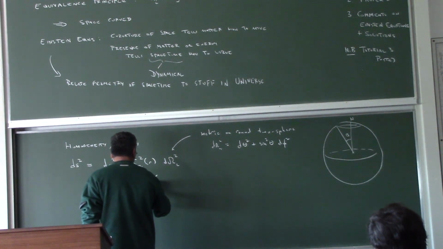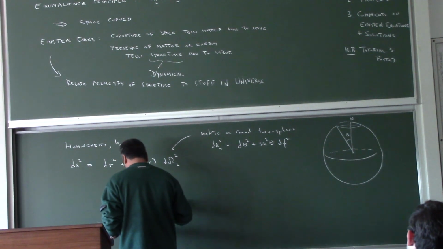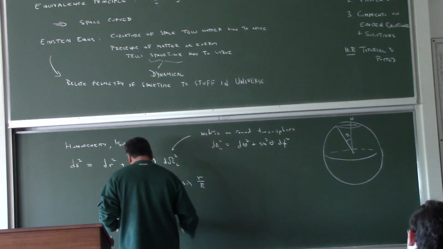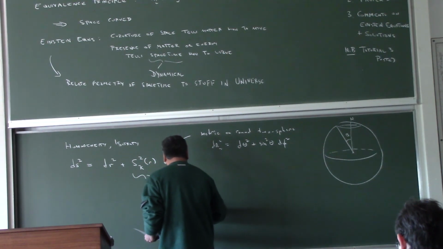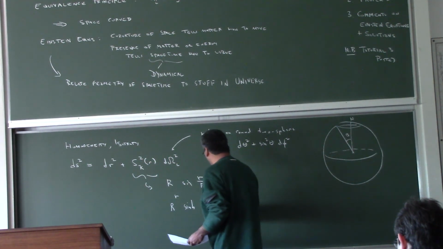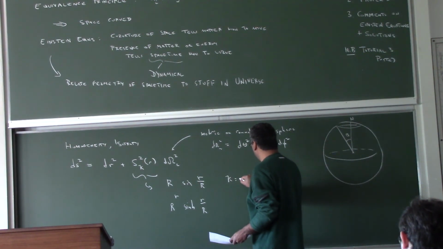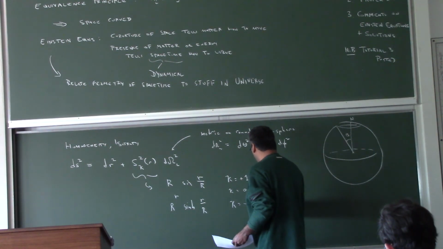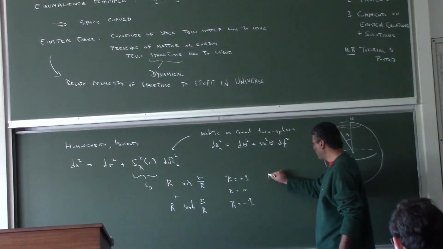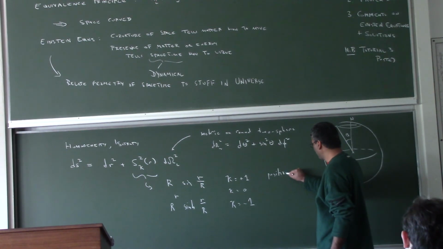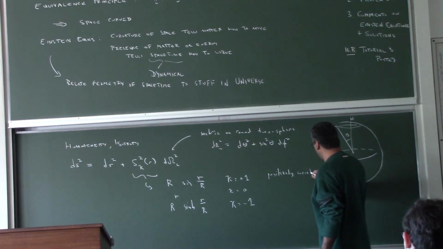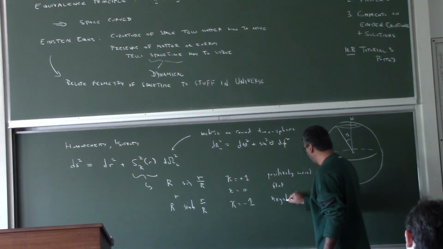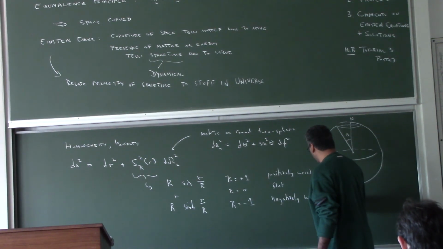S kappa of r is equal to R sine r over R, r, or sinh, depending on kappa, which is plus 1, 0, or minus 1. So plus 1 is positively curved, 0 is flat, and minus 1 is negatively curved.